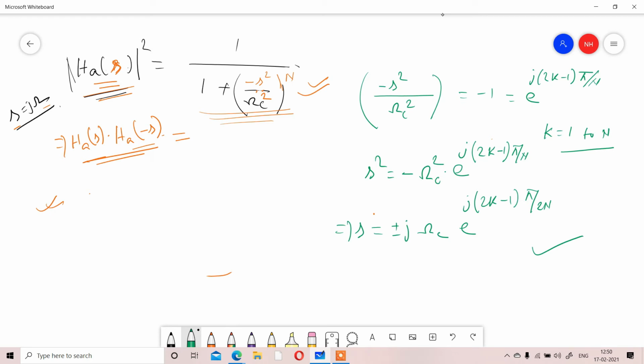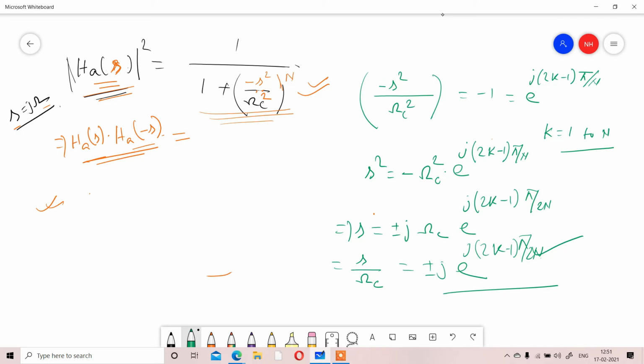Or simply s by omega c will be your poles, defined as plus minus j e to the power j (2k minus 1) pi by 2n. So you are getting some poles that are positive and exactly a replica on the negative side of the same poles.